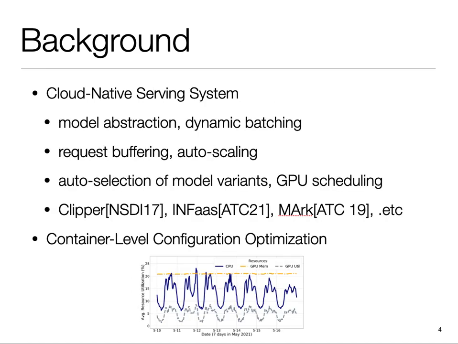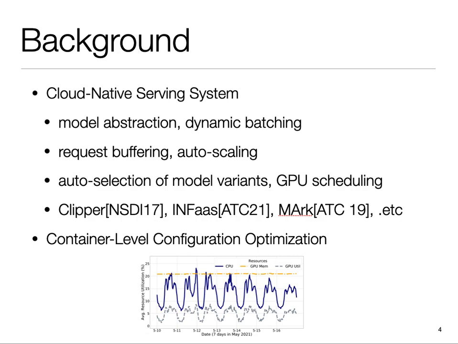Many model serving systems are developed to provide model deployment in containers for improved performance and reduced costs. Existing model serving systems support functions such as dynamic batching, inference buffering, replica auto-scaling, and auto-selection of model variants.